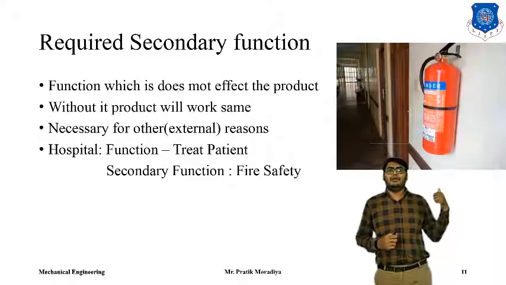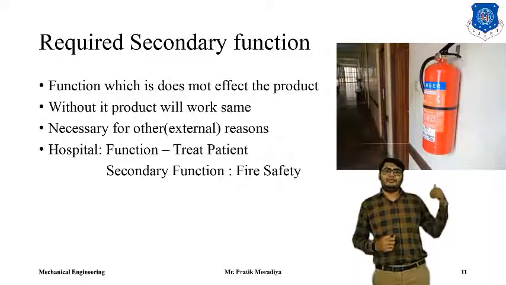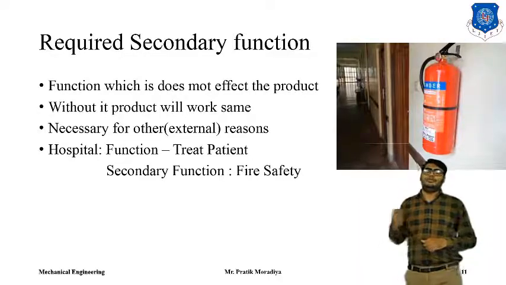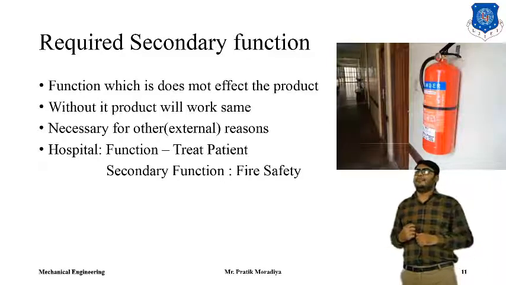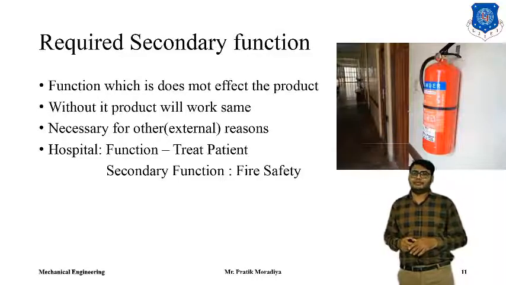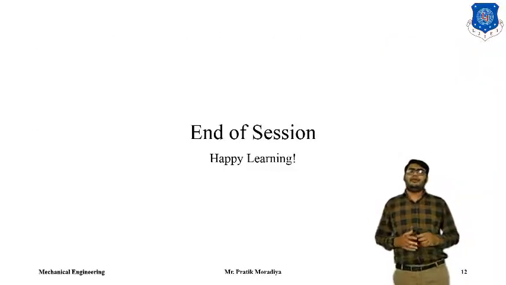Without them, the hospital will not be able to run. Every hospital must have this type of fire safety devices. So these fire safety devices are secondary functions because without them the hospital will work fine. But these are required. So that's why those are called required safety functions.